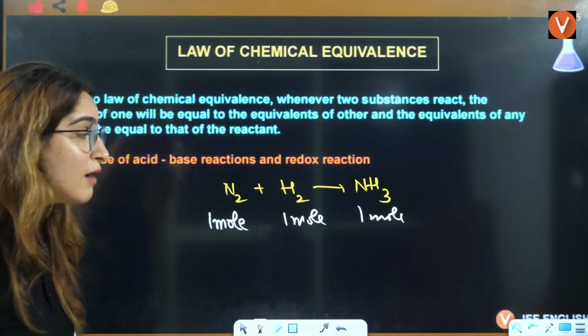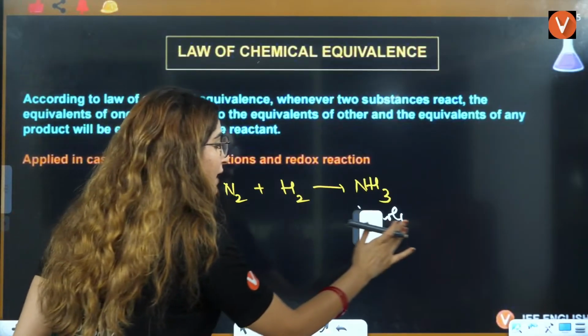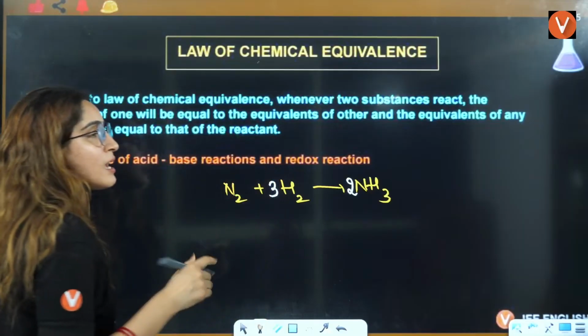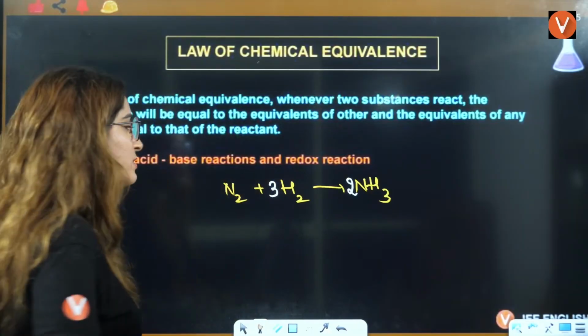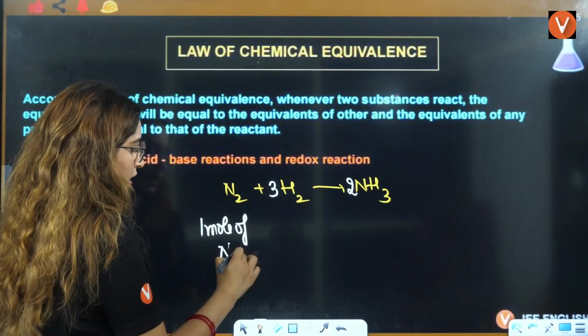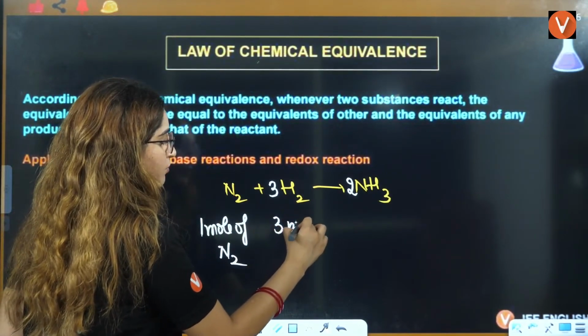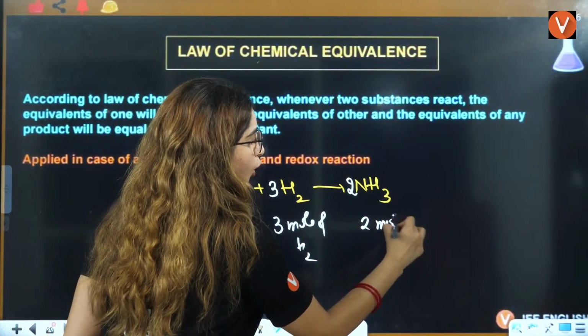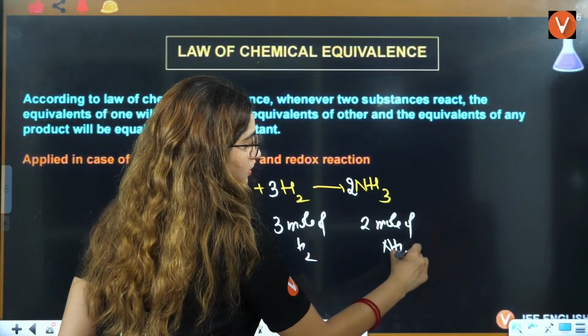No. Why? Because the reaction is not balanced. If you balance this reaction, this is 3, this is 2. In the balanced reaction, we can say that 1 mole of N2 will react with 3 moles of H2 to give 2 moles of NH3.